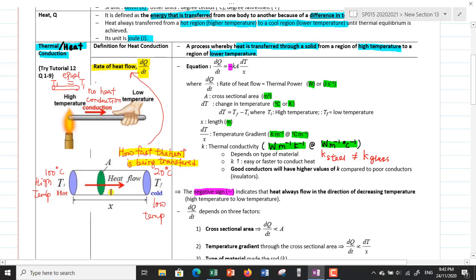The heat is transferred from high temperature to low temperature, so the temperature is decreasing.